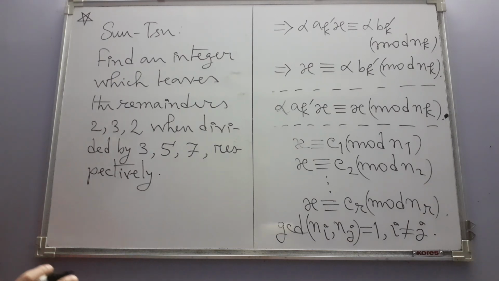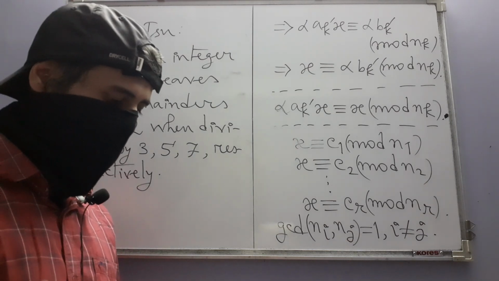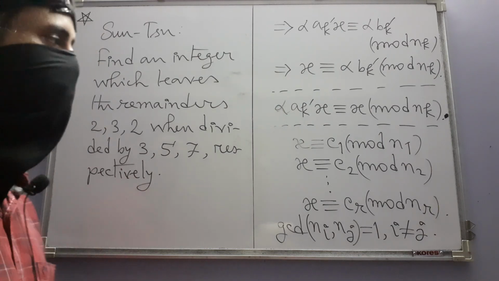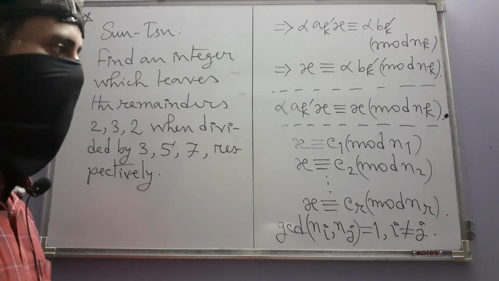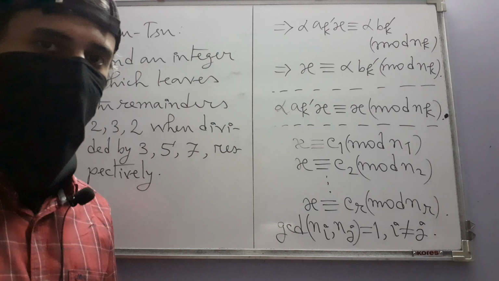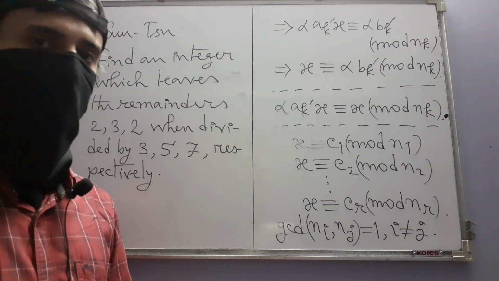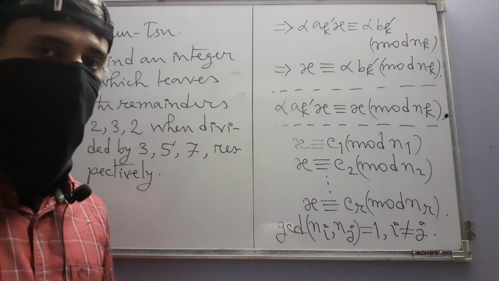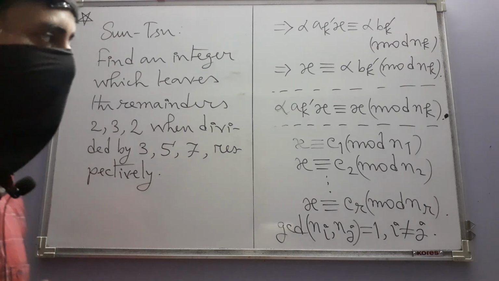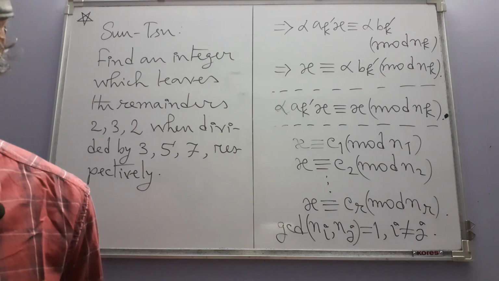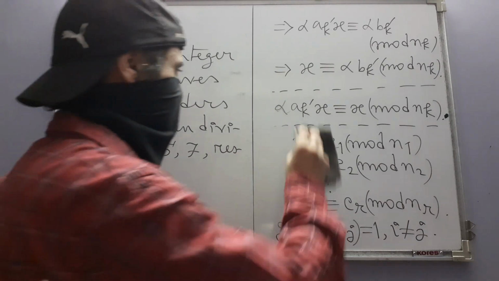And the Chinese, in fact, made a pretty nice contribution to this kind of problem, and in their honor, the next result that we are going to see, which involves a solution to such a system of congruences, is called the Chinese Remainder Theorem. So that's the main thing today.